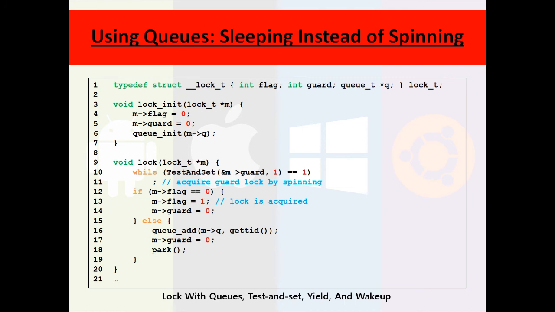However, it's still a lot better because the time spent spinning is quite limited, as you just have to wait for a few instructions to be executed, instead of waiting for an entire user-defined critical section to be processed. And therefore this approach is fairly reasonable. So that's how locks with queues, test and set, yield, and wake up work.